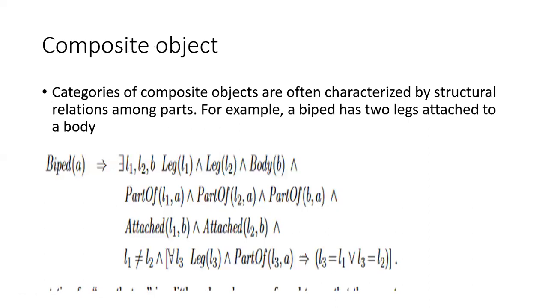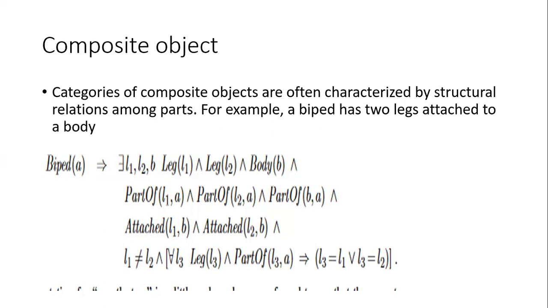Next is how we categorize composite objects, which are often categorized by a structural relationship among the parts. That means a composite object has multiple properties, and with all these properties we identify that object. Let us see Biped(A). Biped means two legs.